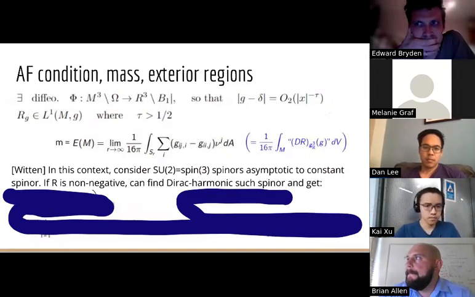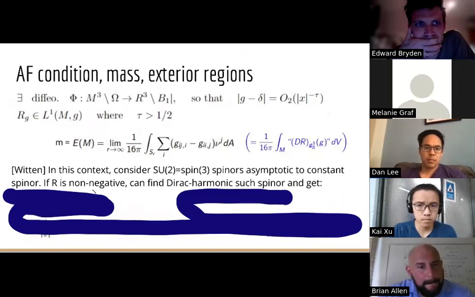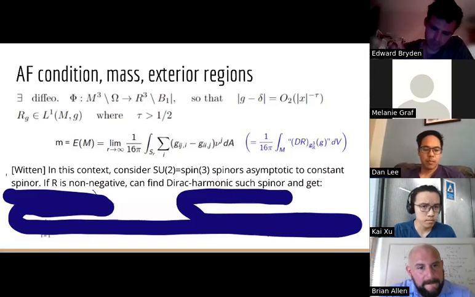So what I want to point out is there's a nicer expression for mass. That's the point of the talk. And I wanted to point out the following, kind of the best formula for mass, you might say. In this context, Witten proved the positive mass theorem.